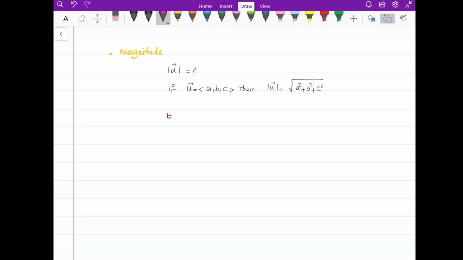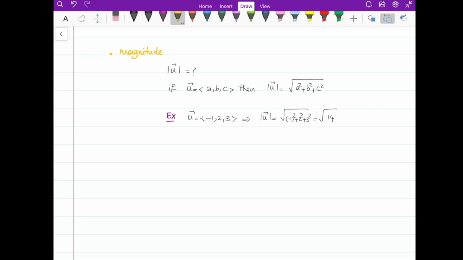As an example, if the vector u is negative 1, 2, and 3, then the magnitude of u would be the square root of negative 1 squared plus 2 squared plus 3 squared, which is 1 plus 4 plus 9, 14.